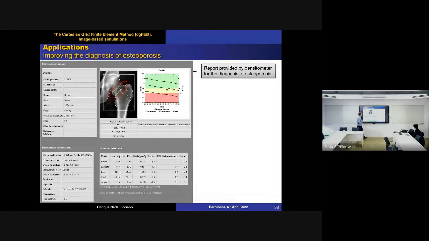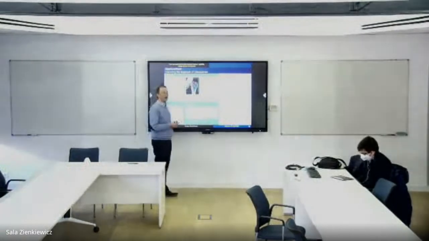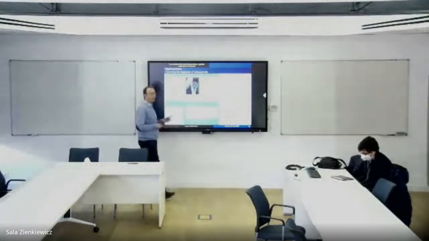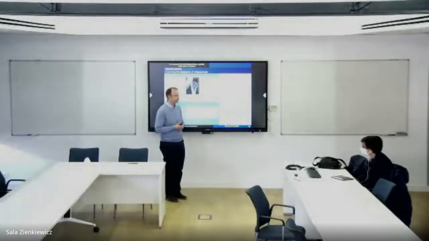If you are placed, according to your age or your bone density, in the green zone, there is low fracture risk. In the red zone, high fracture risk. And this is more or less the analysis we have. But 40% of patients diagnosed with low fracture risk will suffer from a fracture.